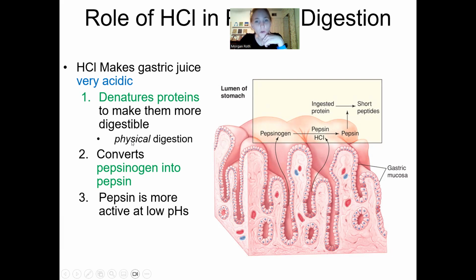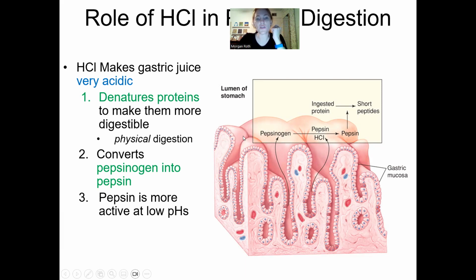But it's important for the digestion because that does allow the enzyme then access to the peptide bonds, and then you're able to do chemical digestion. Okay, so the first way that the hydrochloric acid helps with protein digestion is denaturing the proteins, unraveling them so that they are more easily digested by the enzyme.